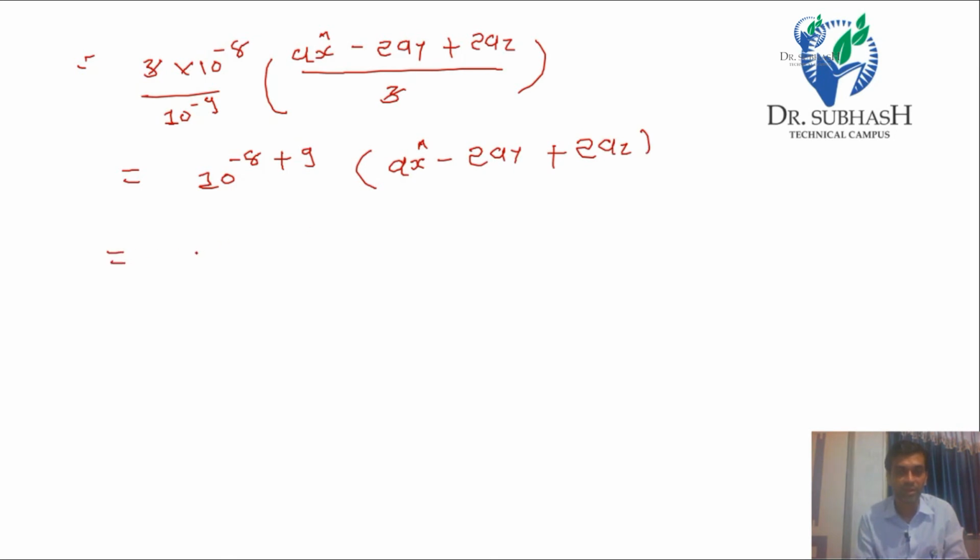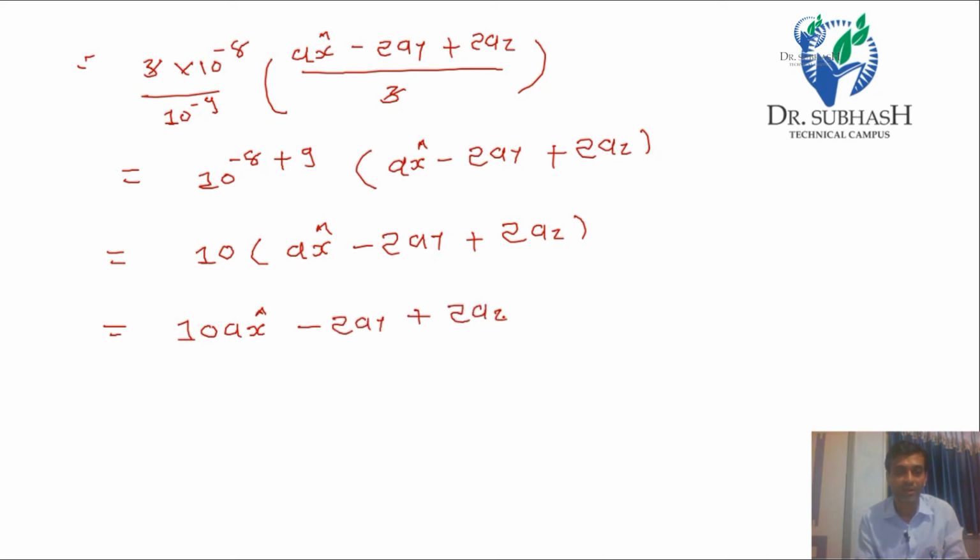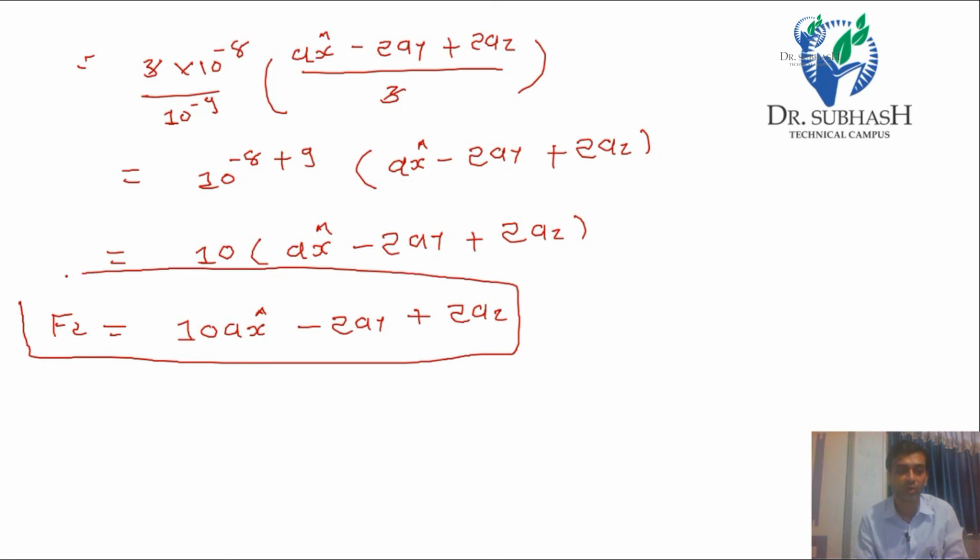So we can say that 10 into ax minus 2ay plus 2az. If we multiply the vector by 10, we get 10ax minus 20ay plus 20az, which is the force F2 on charge Q2 due to the charge Q1, which is 3 cross 10 raised to minus 4 Coulomb.